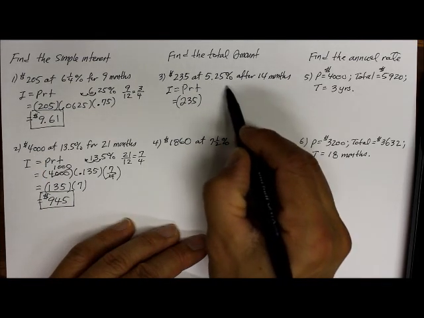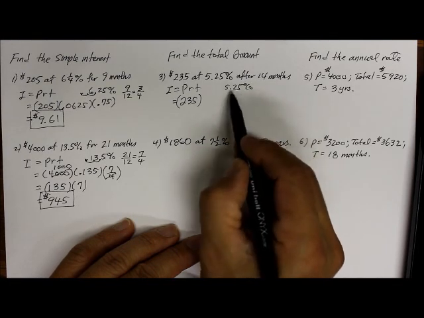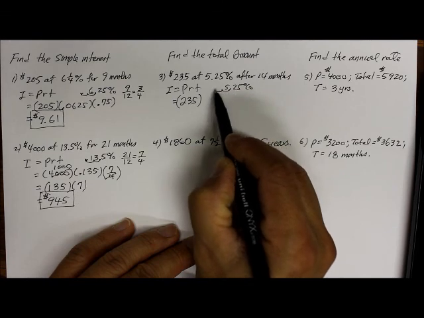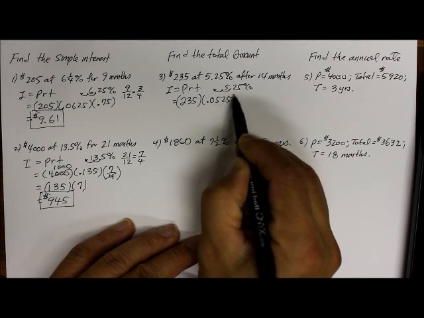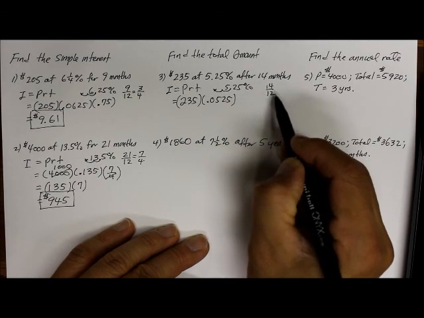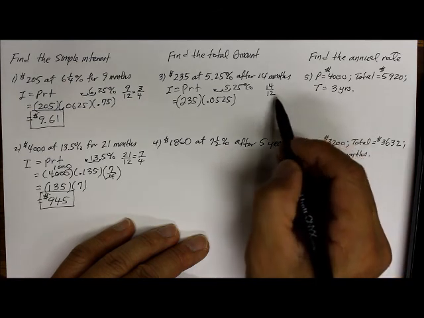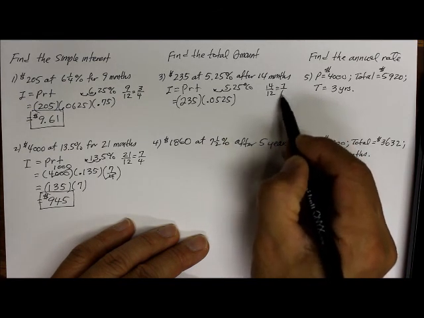Now 5.25%, you have to make it into a decimal number, move it away from the percent, 2 spaces, so you get 0.0525. And 14 months is like saying 14 over 12 months in a year. Reduce that by common factor of 2 this time. 2 times 7 is 14, 2 times 6 is 12.